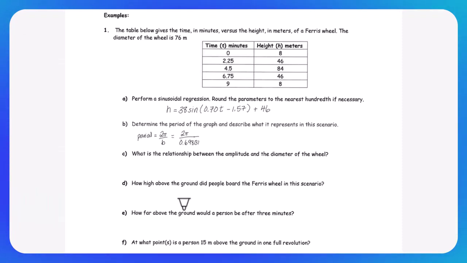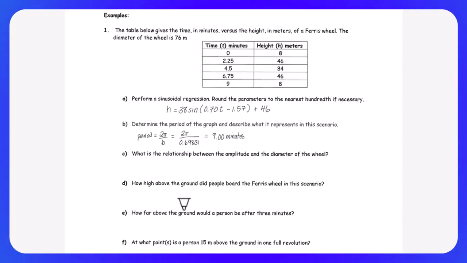So coming back, when we put this in our calculator, if we round this to the nearest, let's stick with 2 decimal places, we get 9.00 minutes. And it's asking us to describe what this represents.